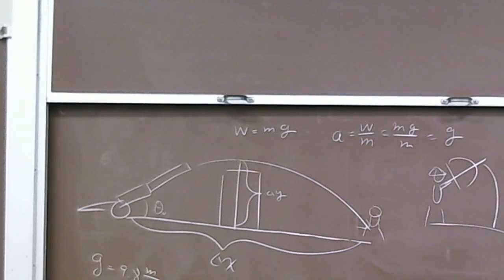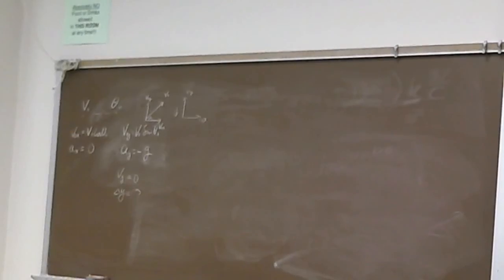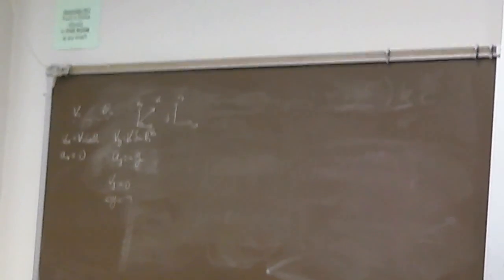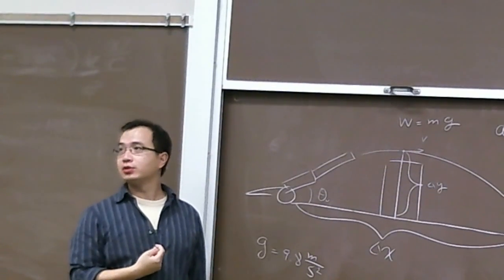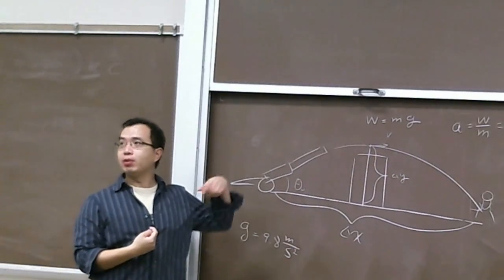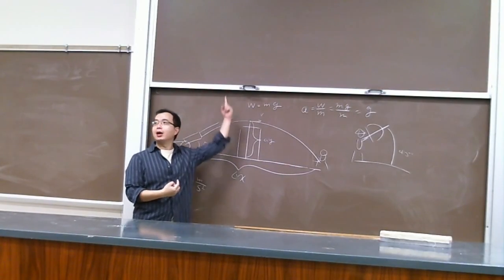Vy equal to 0. So please note that the velocity at this point is not 0. You still have some x direction velocity, right? But there is no y component, because that's the turning point. If it still has some y component, it will still go upwards.